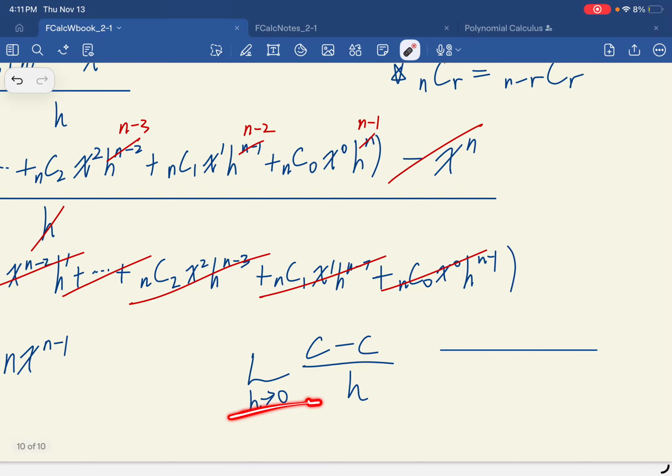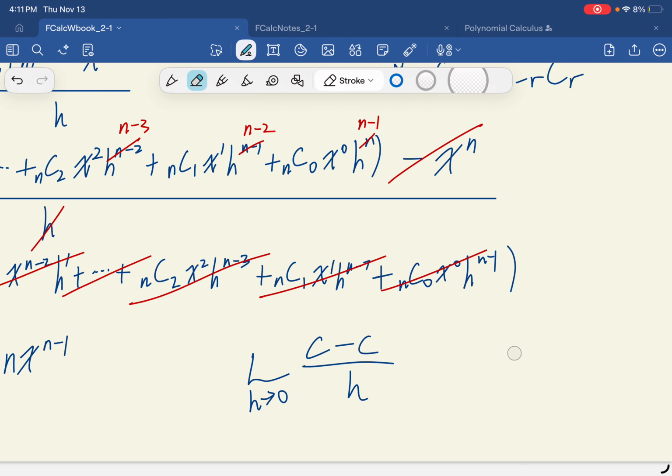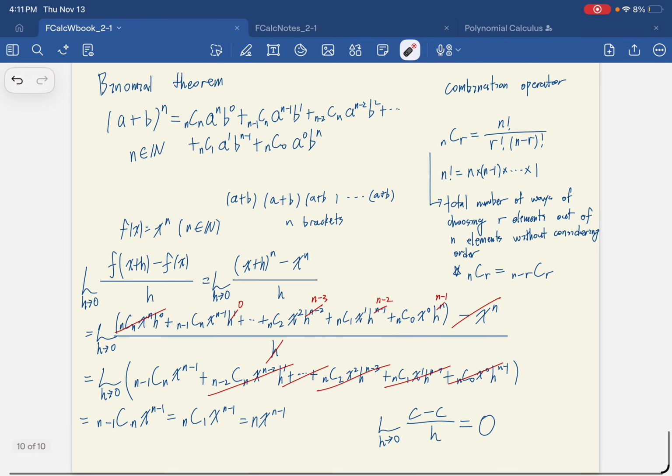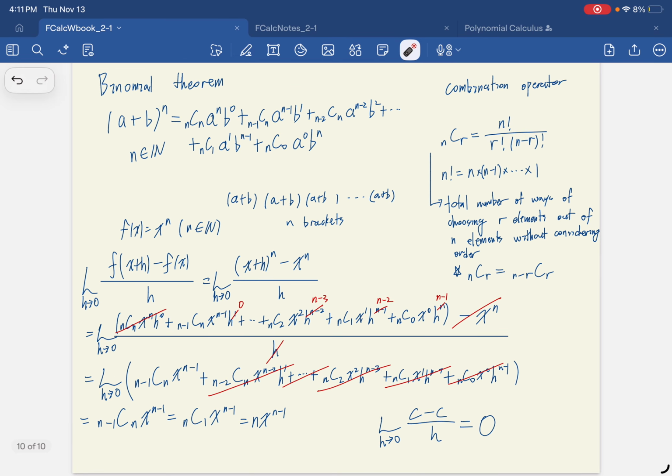Since h is going to 0, the denominator will never actually equal 0, which means that the entire expression will simply be 0 because of the constant minus constant. So the derivative of a constant function is 0. It's pretty obvious to see that. Okay, so this is the proof of the power rule and the derivative of a constant function.